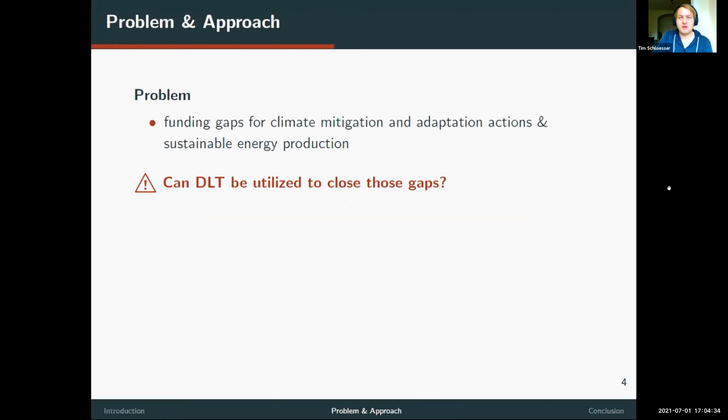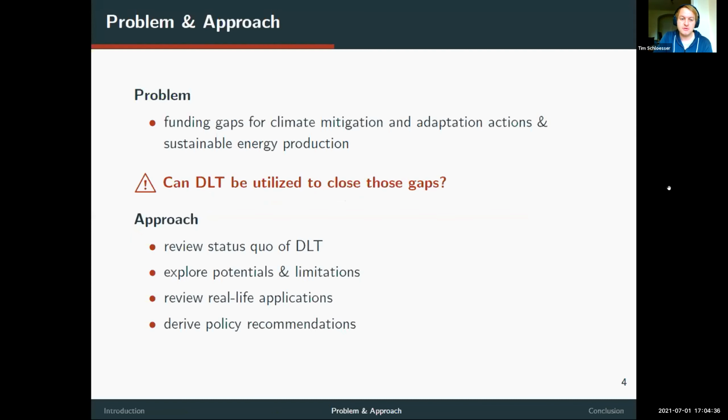And what is the current status of applications? To answer that, we review the technology, the status quo and what kinds of inventions there are. Then we explore potentials and limitations of the technology. Then we review real-life applications in the sector of climate finance, and then we derive policy recommendations.